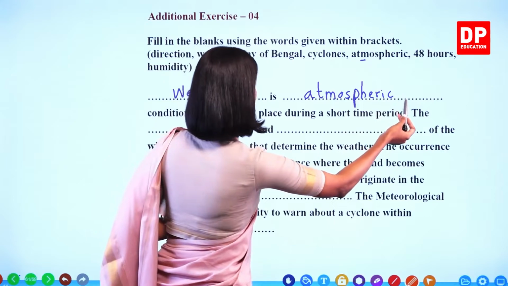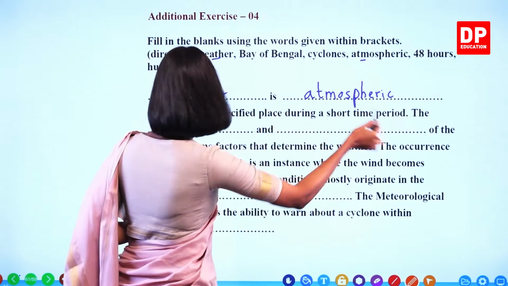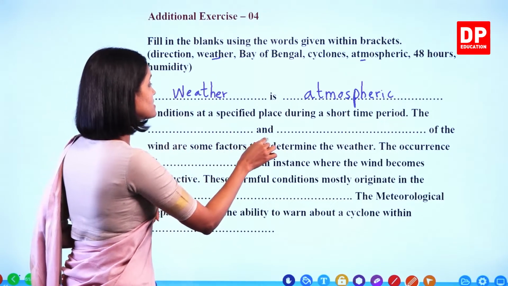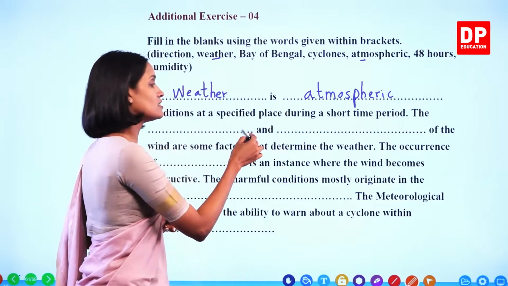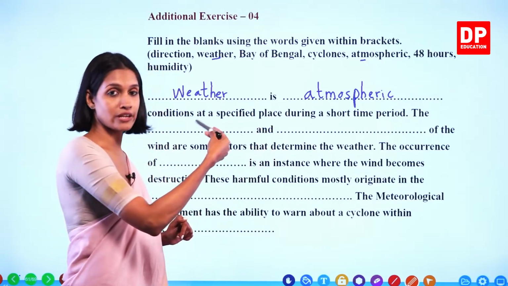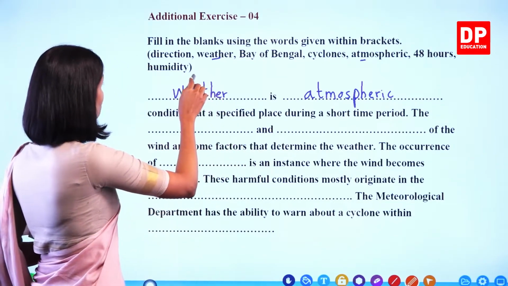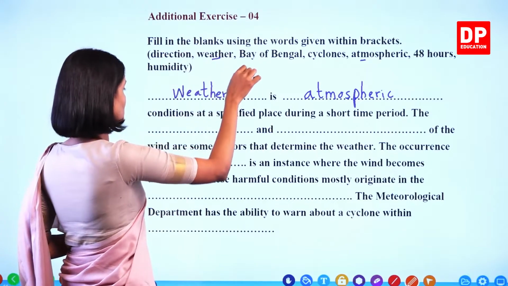Okay? The blank and another blank of the wind are some factors that determine the weather. Here, of the wind that determines weather can be speed of the wind or direction of the wind. Speed of the wind is not there, but the direction of the wind is there.